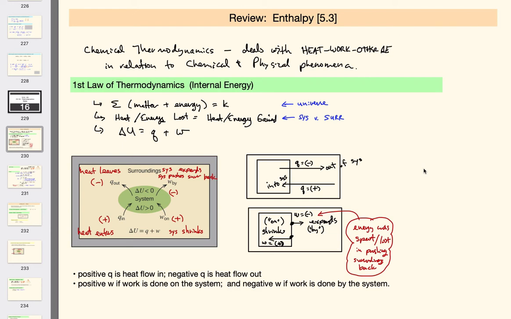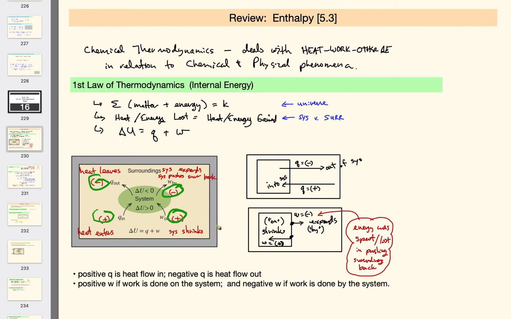Here's your first tripwire, and it is a tripwire. It's the sign of things, the sign. We have to declare whether energy is moving out of the system or into the system. That's really, really important.